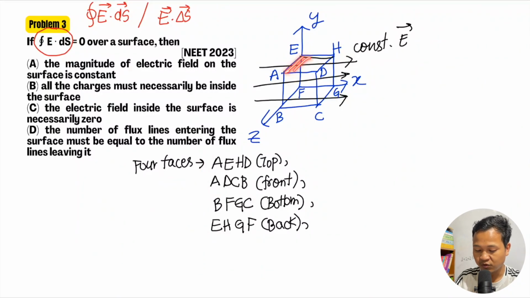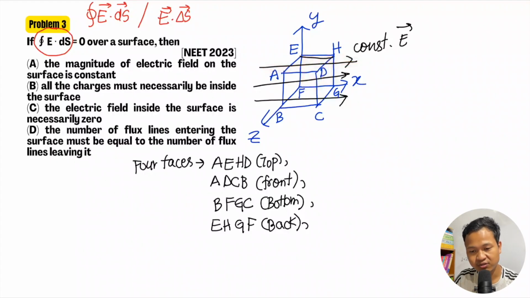So if you look at the top face, the electric field is passing along the face. Similarly, along the front face the electric field is along the face. The bottom face also, the electric field is along the face. And the back face also, the electric field is along the face.